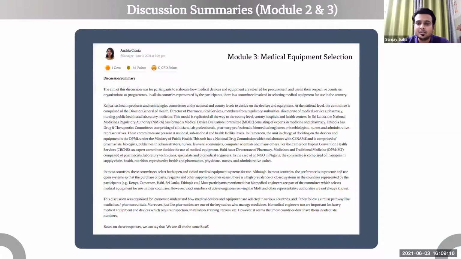Our challenges are quite similar, and I was seeing some of the discussions where a couple of participants were calling out this fact, that the challenges and processes in your countries are similar to the processes they see in theirs.